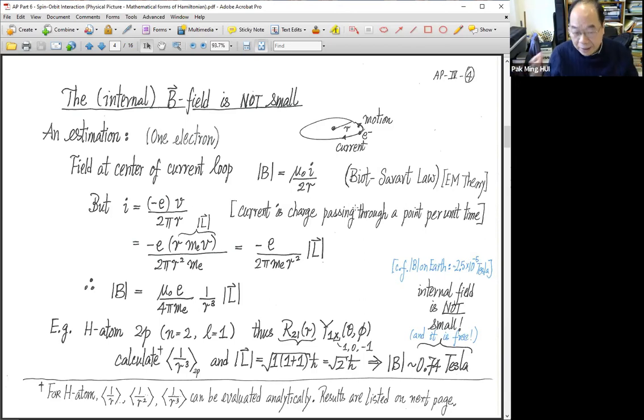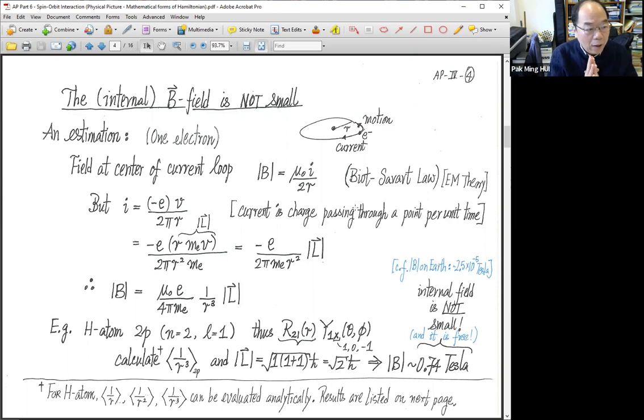For the reason, as I mentioned, spin-orbit interaction becomes more important in recent work in physics. So we have mentioned that it is the motion of the electron that provides a magnetic field interacting with its own spin magnetic dipole moment.